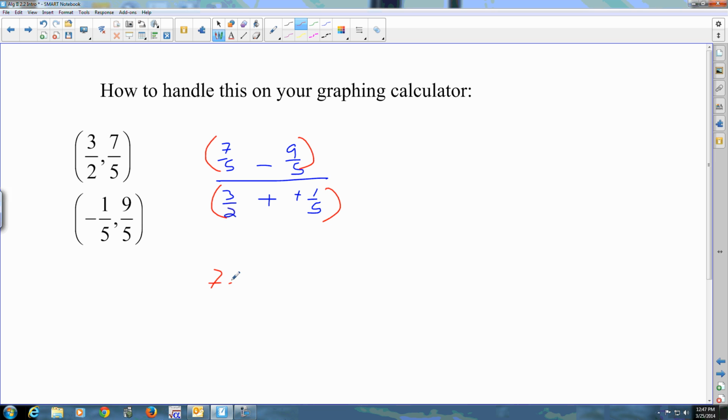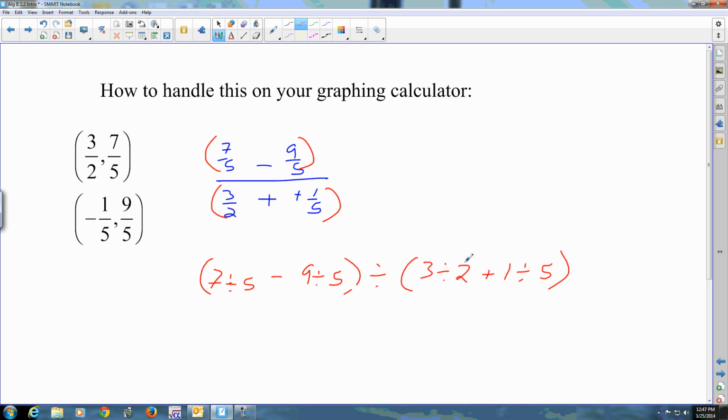So that's just 7 divided by 5 minus 9 divided by 5 in a parenthesis. Divide, another paren. 3 divided by 2 plus 1 divided by 5. Hit enter, and there it is.